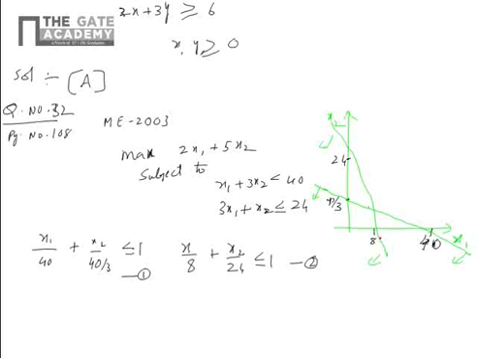So the corner points are the initial solutions: A, B, C, D. Four corner points are present in the solution. So what are the corner points? A is 0, 0.